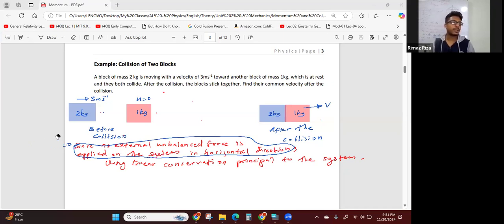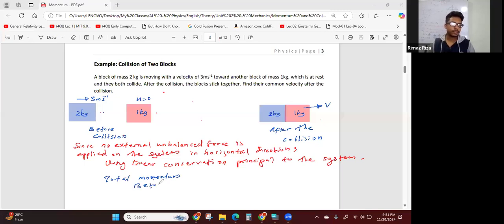So, using the linear momentum conservation principle, total momentum before collision is equal to total momentum after the collision.